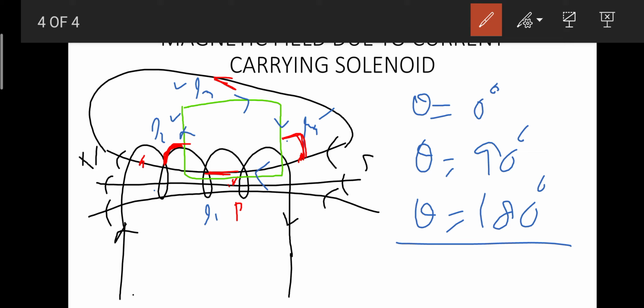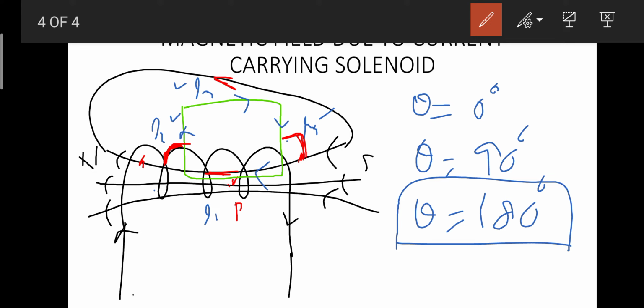In this case, L3 would have no magnetic field, because we don't consider the magnetic field outside the solenoid. Inside the solenoid the field is so strong that outside the field is very weak, which is generally ignored. So for L3, the field would be equal to 0. So this configuration would ultimately be considered as two symmetries for B.